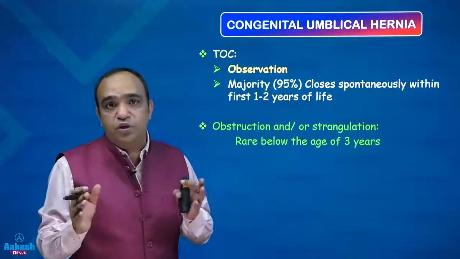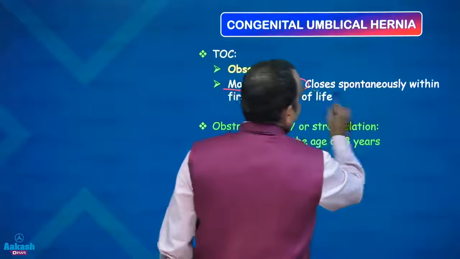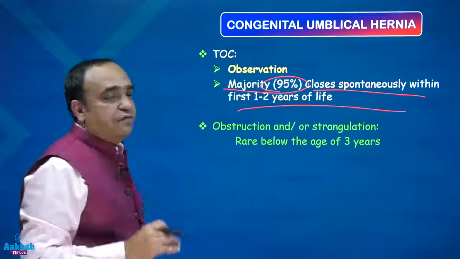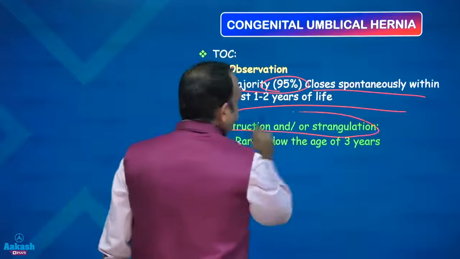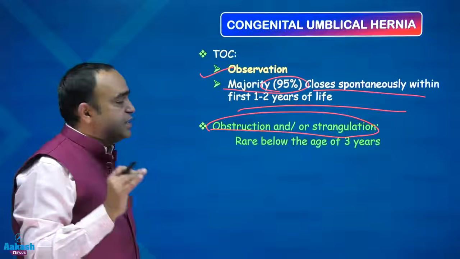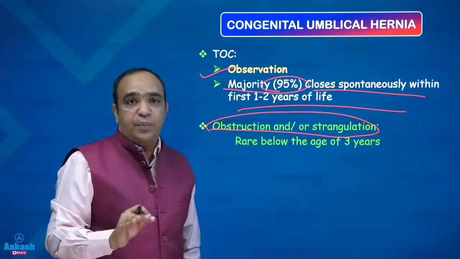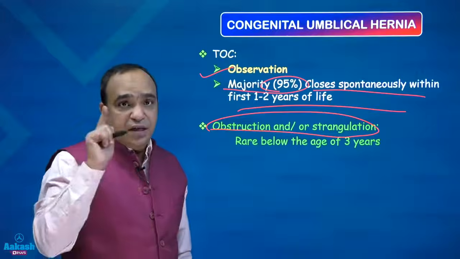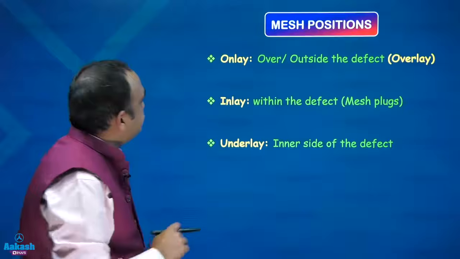So don't rush to operate on umbilical hernia at birth, right? Majority, more than 95%, will close within 1 to 2 years of life. So just observe. Only if they get obstructed or strangulated, then go for repair. Otherwise, in children less than 3 years, congenital umbilical hernia, we do not repair. Wait and watch. But if it is inguinal, it has to be operated as early as possible, elective.